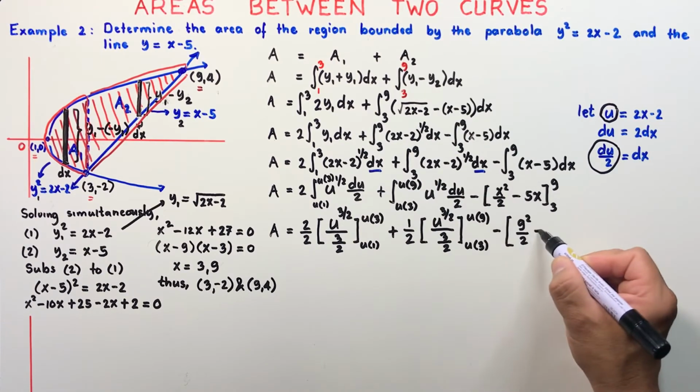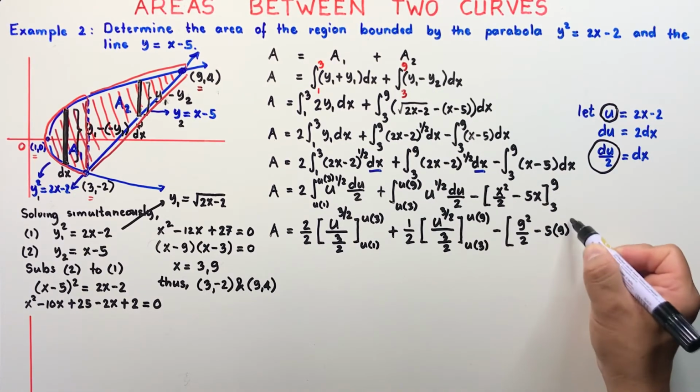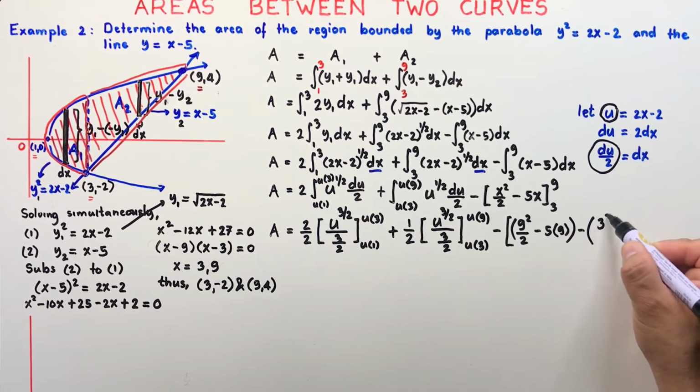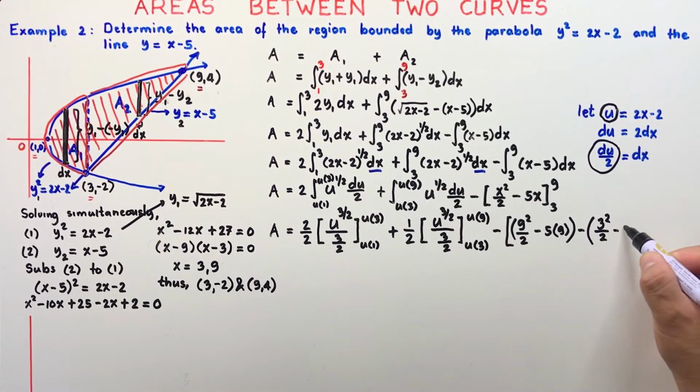squared over 2 minus 5 times 9. And this will be subtracted by 3 squared over 2 minus 5 times 3.